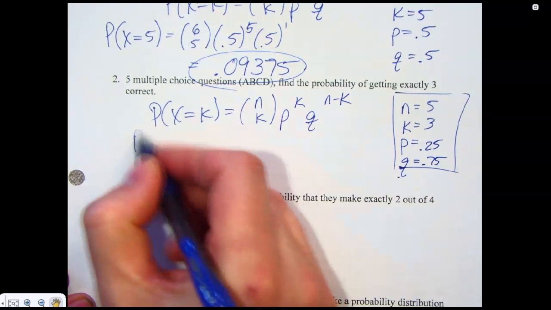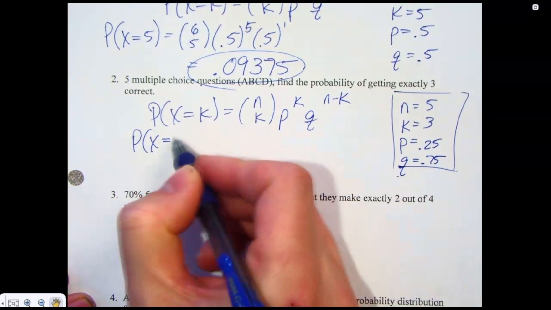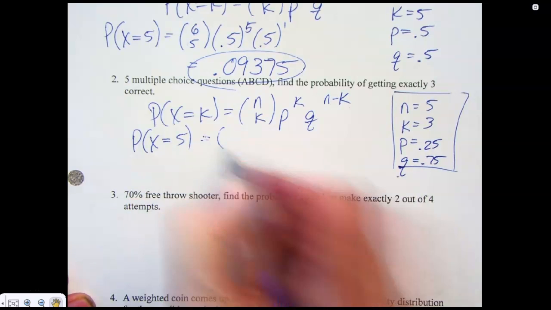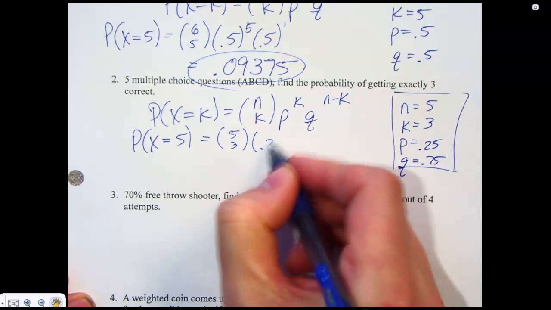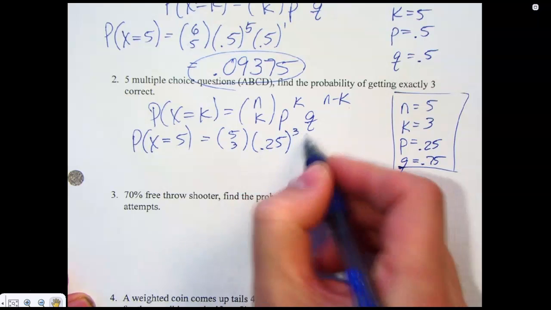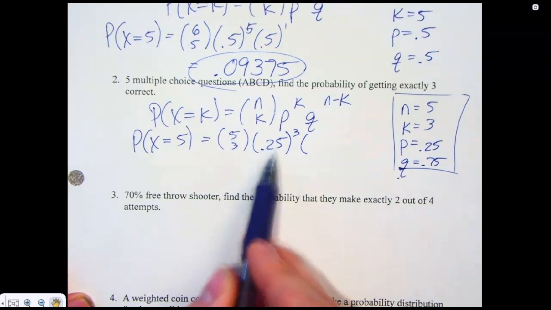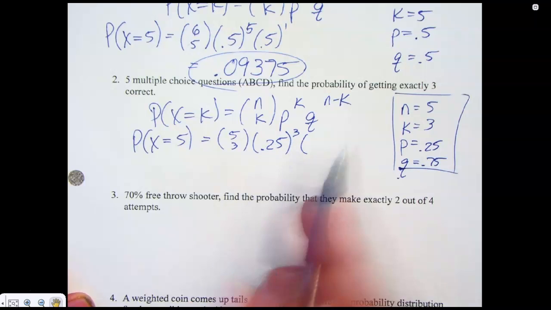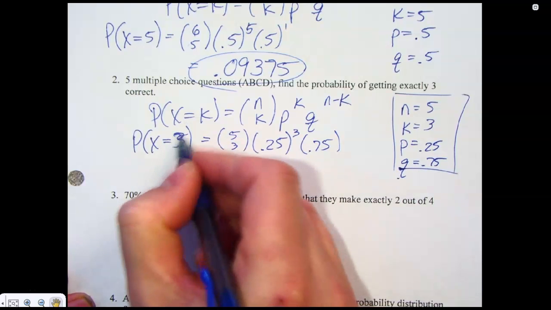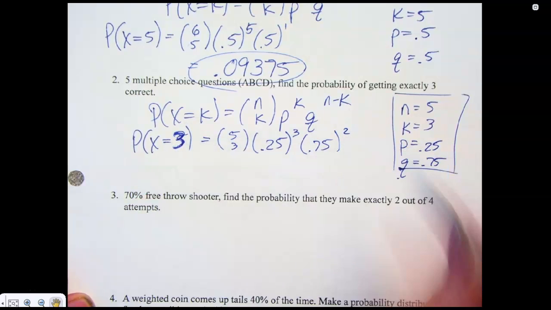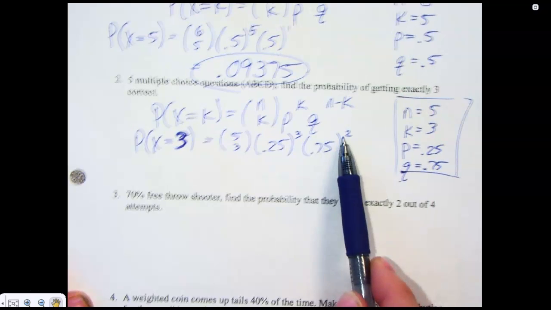So then I'm going to go back and write in the numbers. So probability X equals 3. 5, choose 3. 0.25 to the third, because I need to get 3 questions correct. And 0.75 squared, because I need to get 2 wrong.